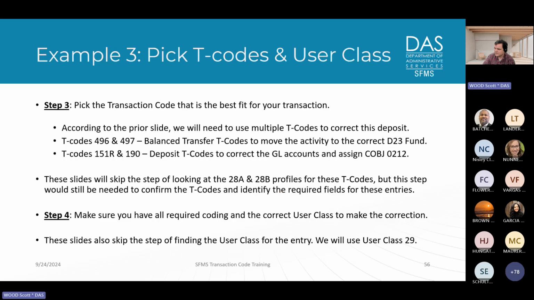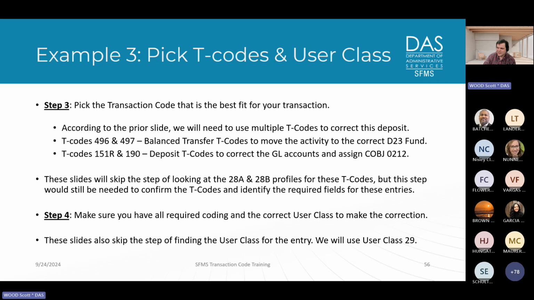Based on the matrix, we will need to use the TC pair 496, 497 to move the activity to the correct D23 fund. And as I stated before, use TC151R and TC190 to correct the GL accounts and assign comp object 0212.